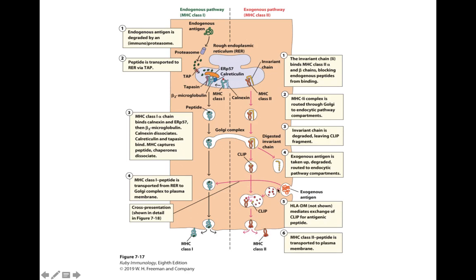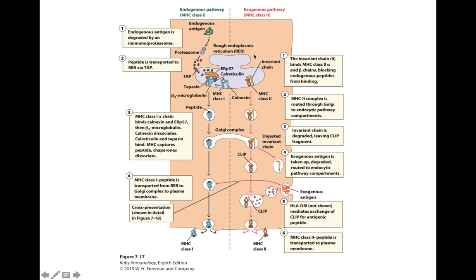Importantly, you do get cross-presentation in dendritic cells of exogenous antigens into MHC class I and onto the surface of the cell. And this is so that you can get activation of CD8 positive T cells.